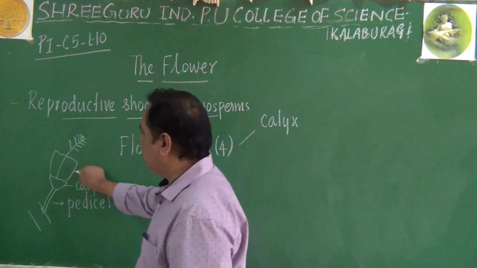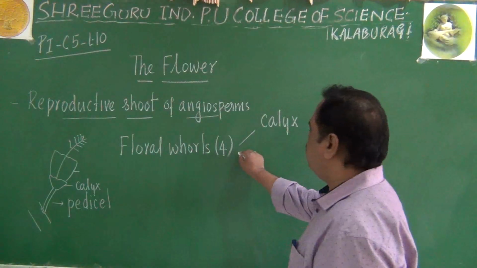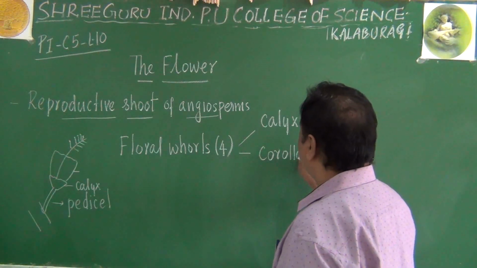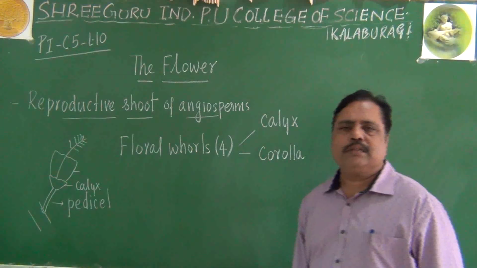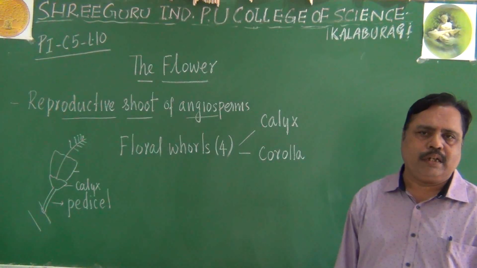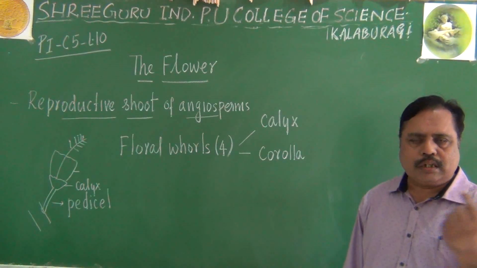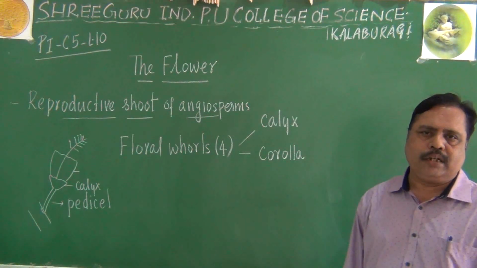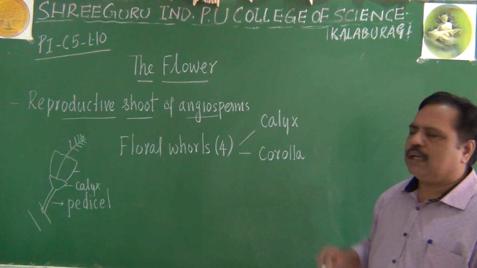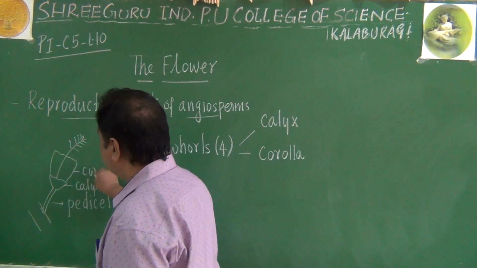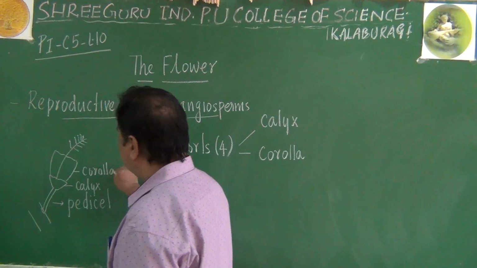Above the calyx, there is another part of the flower known as the corolla. Remember this word, corolla. The calyx is the outermost or basal whorl. Above that, the corolla is present. The corolla is the brightly colored portion of a flower.